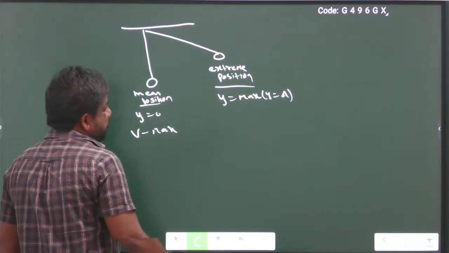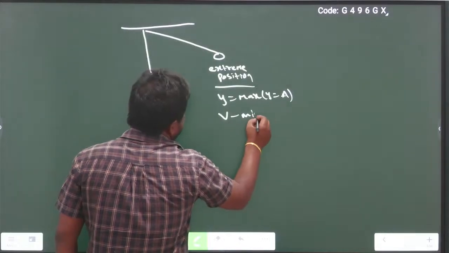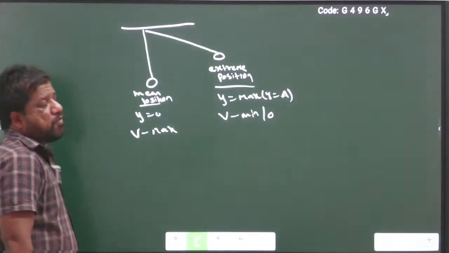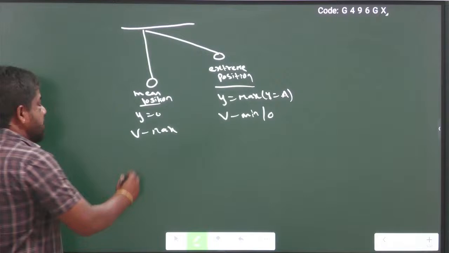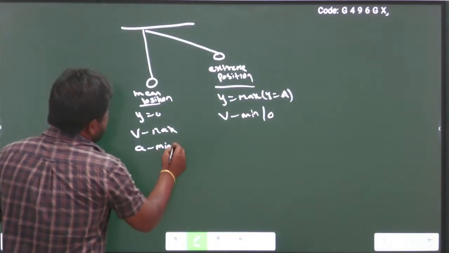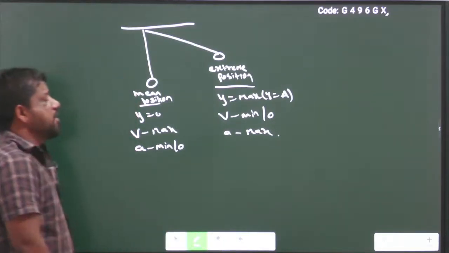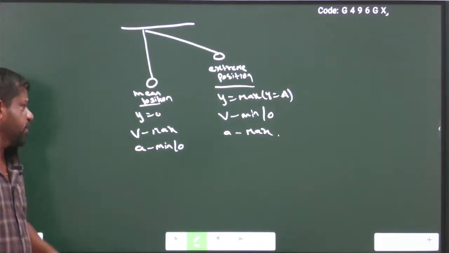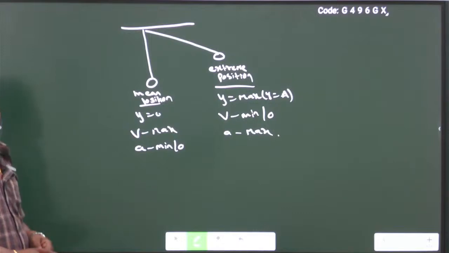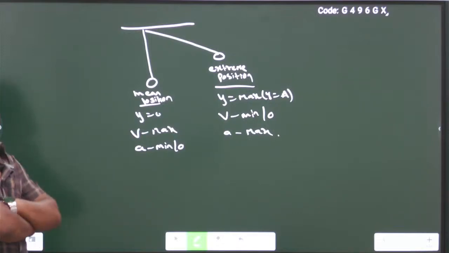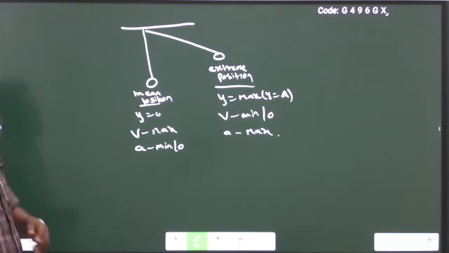Here velocity is minimum or 0. Here acceleration is minimum or 0. Here acceleration will be maximum. These are the important statement questions. At the mean position, displacement is 0, velocity will be maximum, acceleration will be minimum or 0.